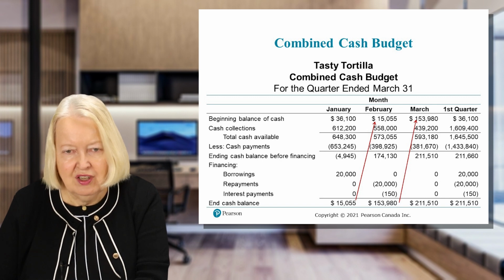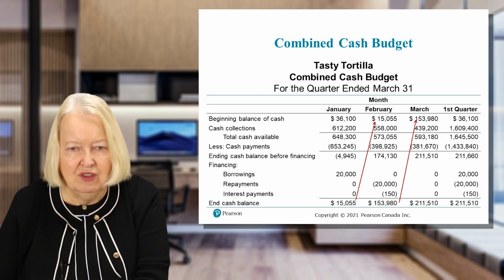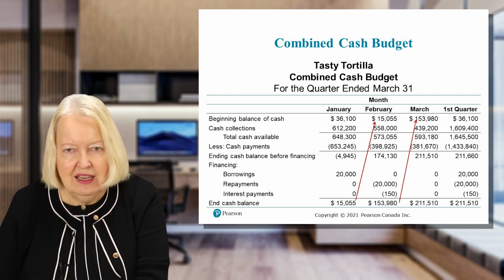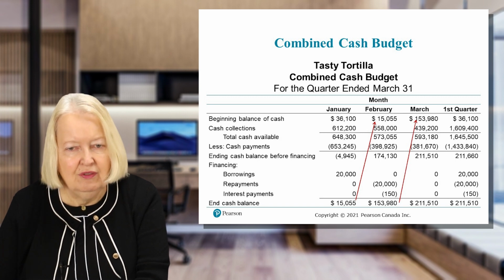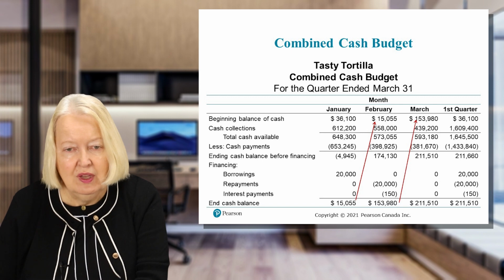So the total cash coming in from all sources is 648,300. But from the previous slide there, we know we are going to have total cash payments of 653,245. So we are actually going to be short by 4,945.